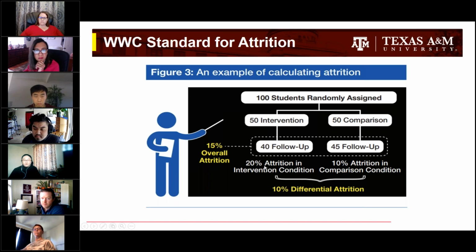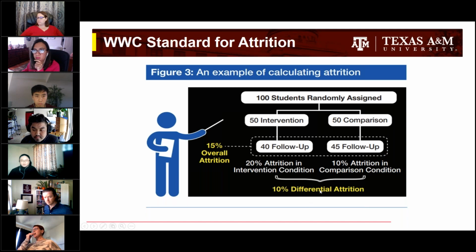For overall attrition, the total number of treatment and control students at the end of the intervention is 85. So 100 minus 85 is 15, and 15 divided by 100, the overall attrition would be 15%.